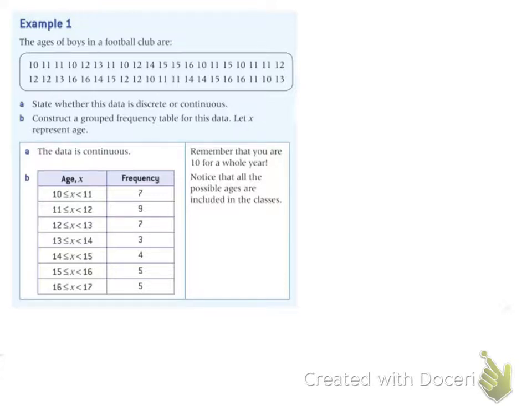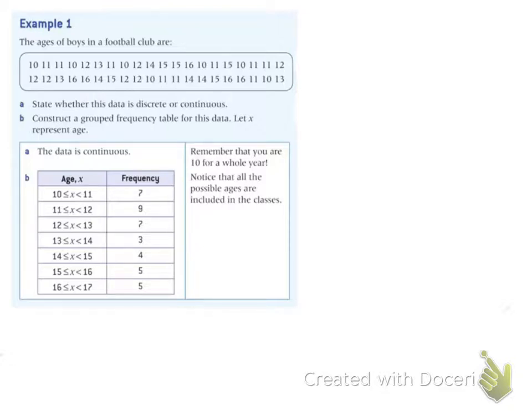And the next one here, the answer is on the bottom, so we're just going to talk about it. State whether this data is discrete or continuous. The ages of boys in a football club are listed. When I first looked at this and saw 10, 11, 11, 10, 12, and so on, I thought, that's discrete. You're telling me I am 10 years old, or I am 11 years old.